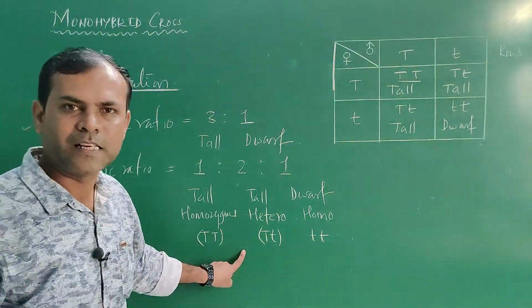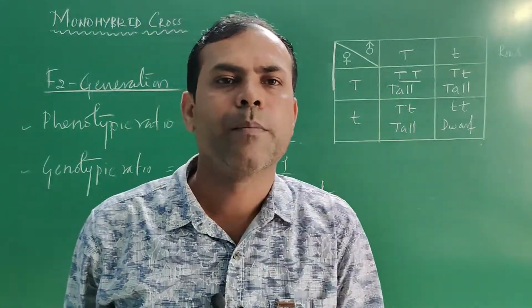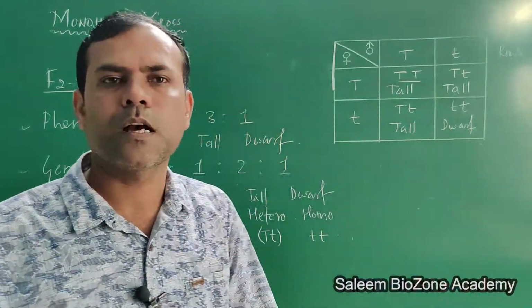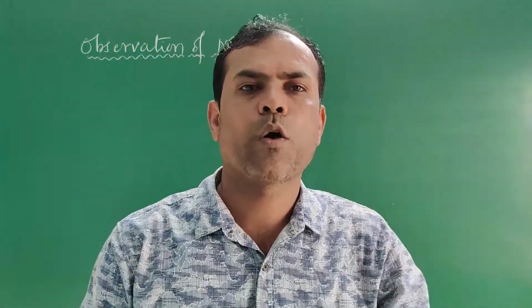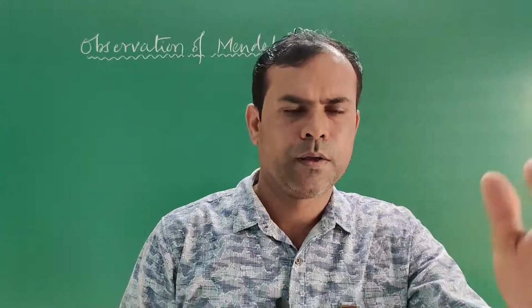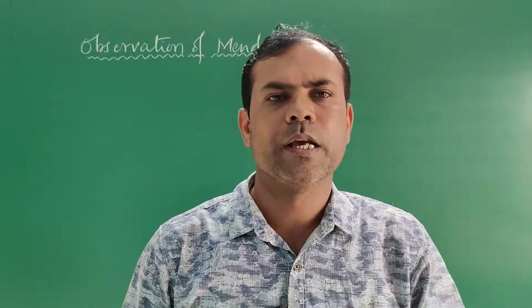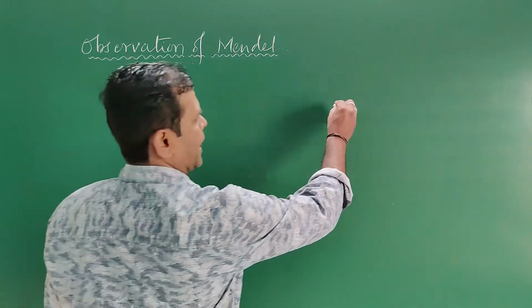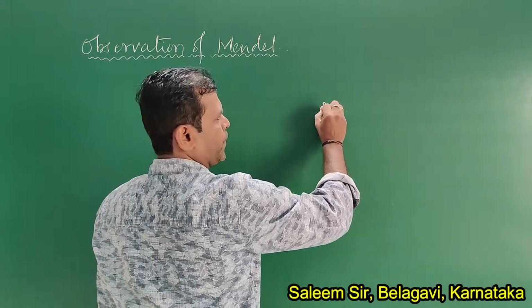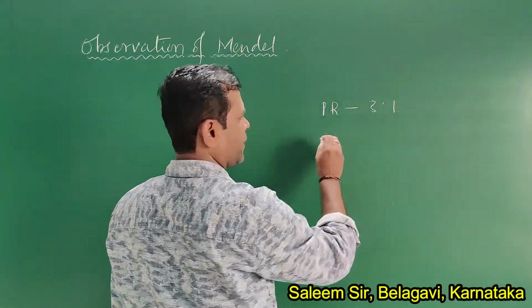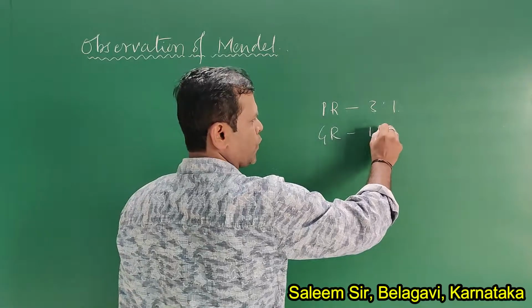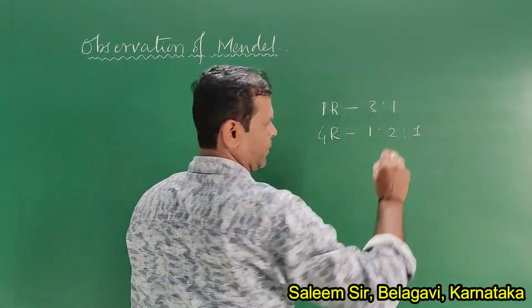So depending on the results of F2 generation, he made some conclusions. So what are the conclusions? At the end of the monohybrid cross F2 generation, the phenotypic ratio Mendel received is 3:1 and the genotypic ratio is 1:2:1. Now, I'll write it here. PR is 3:1 and genotypic ratio is 1:2:1.